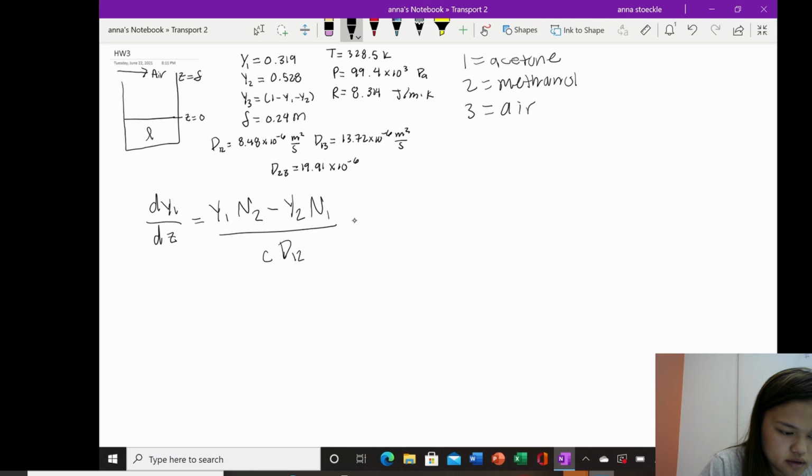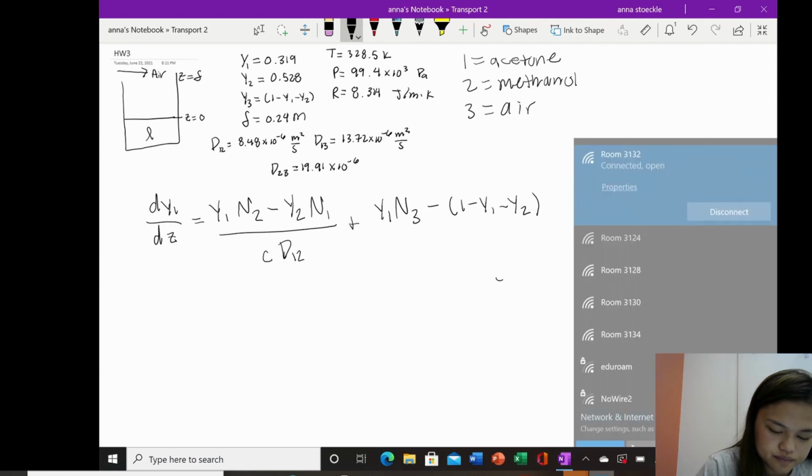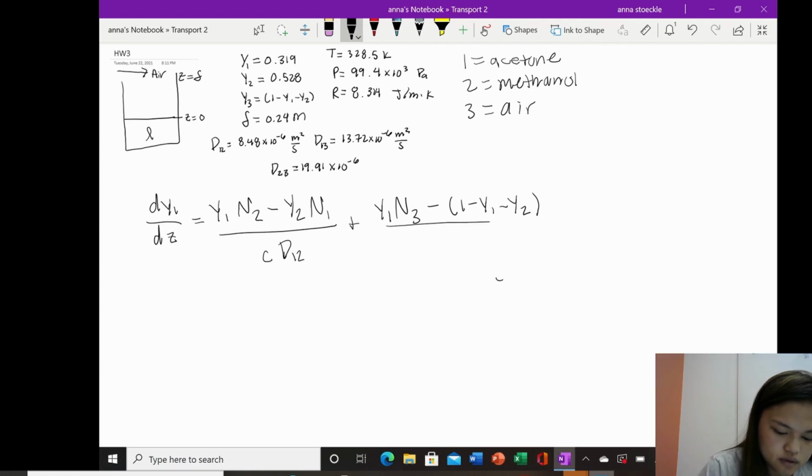Just going to continue this equation. The mole fraction for acetone, molar flux for air minus, this part of the equation is that Y3 which we talked about earlier, over that concentration and the Maxwell-Stefan diffusivity pair for acetone and air.